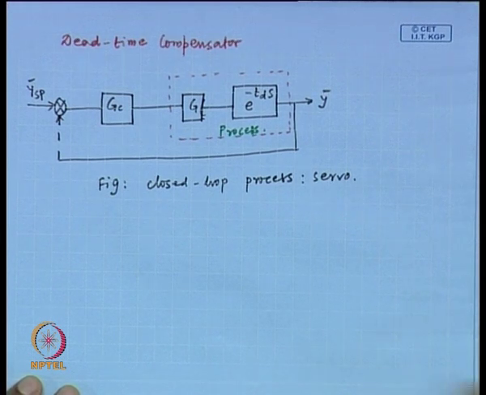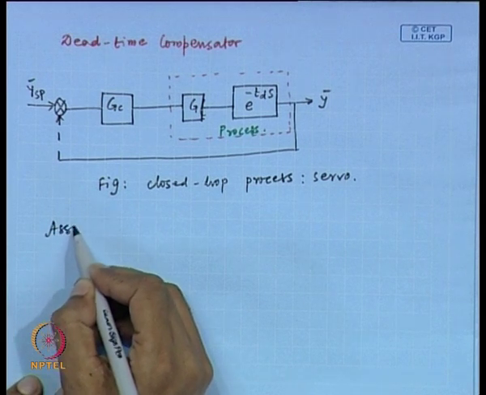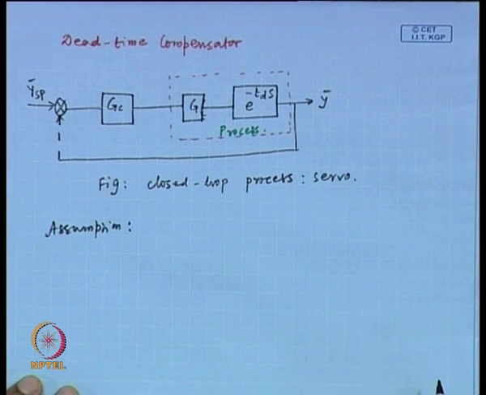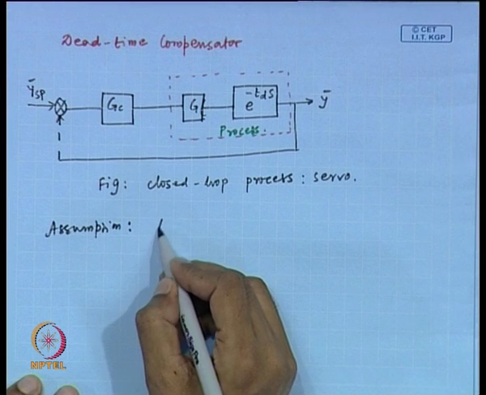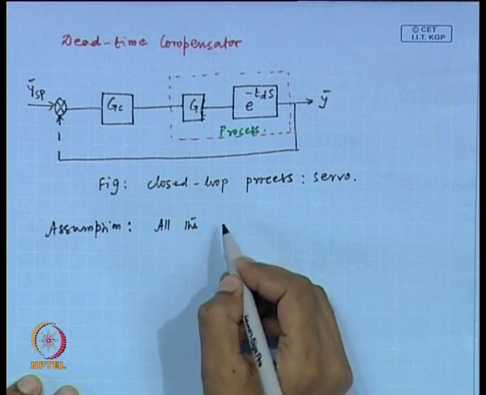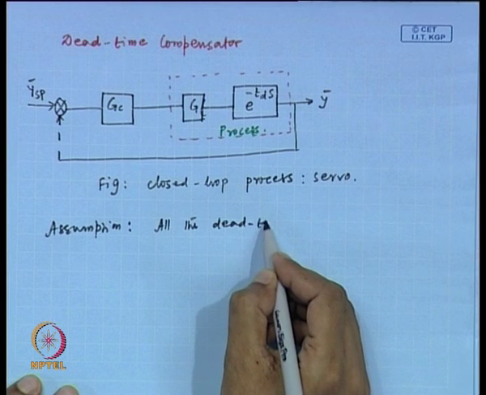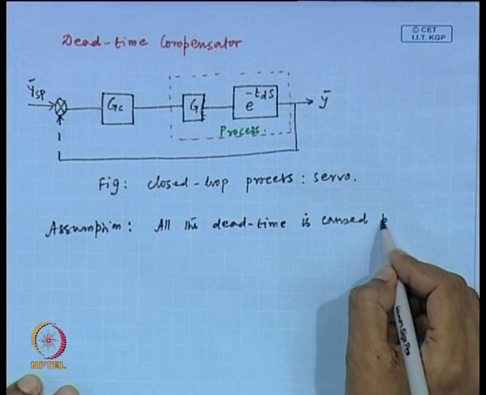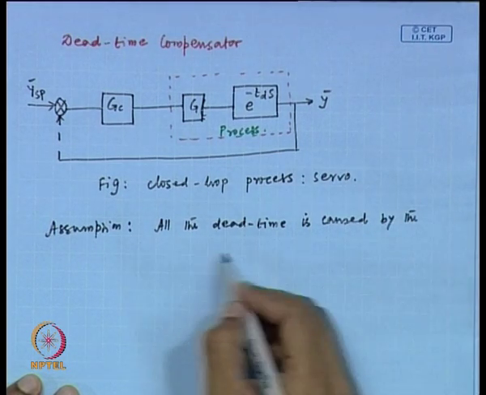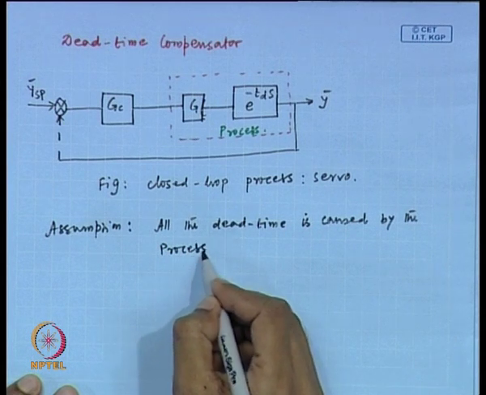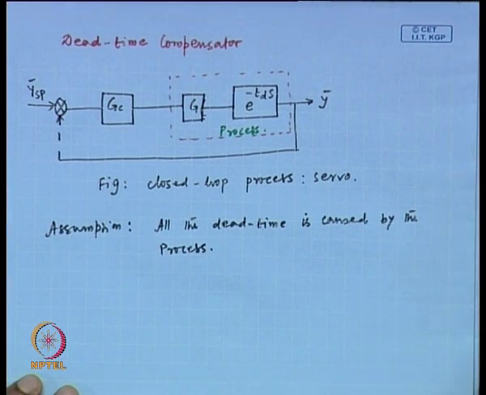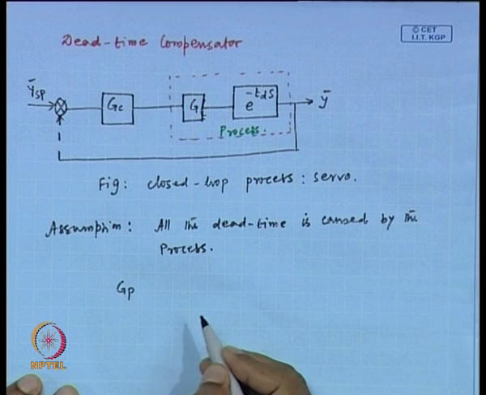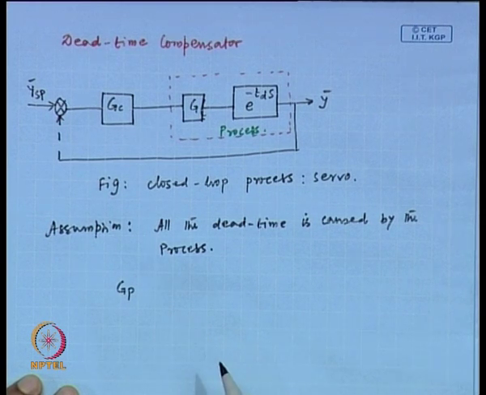Fine. Now, we assume here that all the dead time is caused by the process. Usually we denote Gp to represent the process.